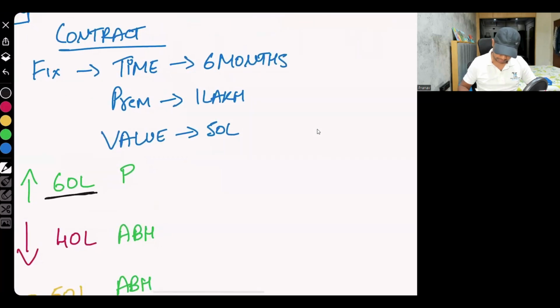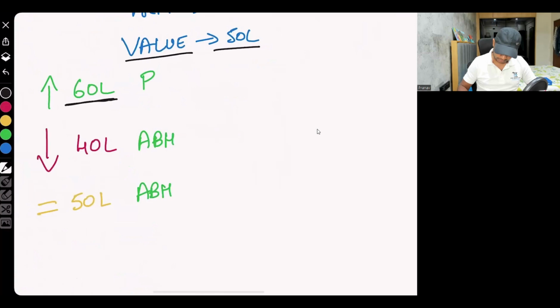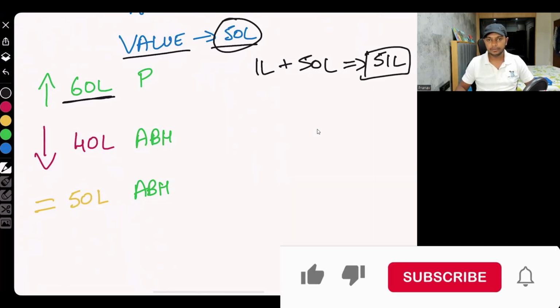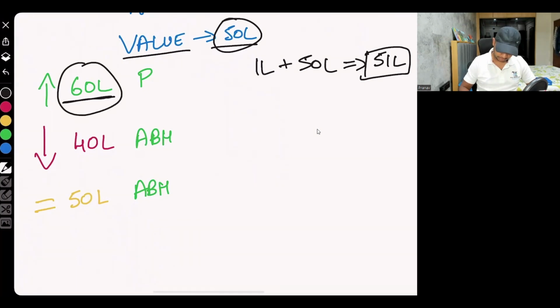But as you can see here in the contract, the value was fixed at 50 lakh rupees. So since Pranav has already paid a premium of 1 lakh rupees, which is non-refundable, plus now the fixed value of the asset was 50 lakhs, Pranav is net paying only 51 lakh rupees for getting the property from Abhishek, whereas the actual market value is at 60 lakhs. So Pranav is actually benefiting by 9 lakh rupees if the value of the property goes to 60 lakhs.